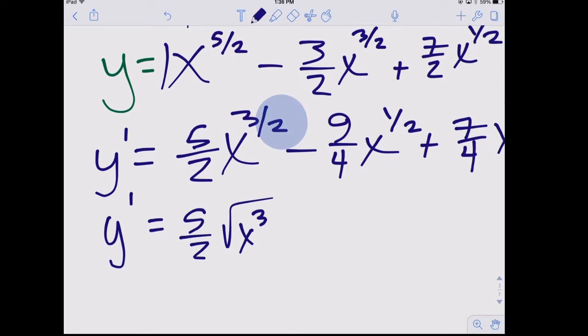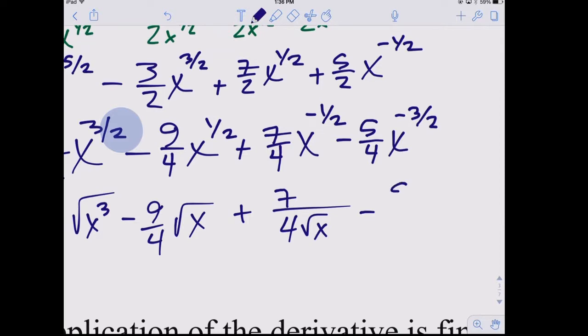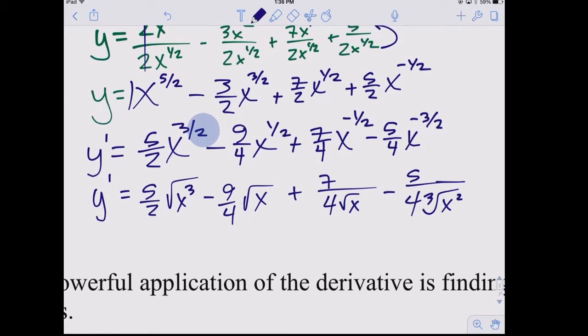Oh, yeah. Minus 9/4. X to the 1 half, that's the square root of x, right? And then, we got a negative one here, so this is fun. I got a 7 in the top, I got a 4 in the bottom. Guess who's going down to join the 4? Square root of x. Excellent. And then I got a minus 5 over 4. Coming down with the 4, you're going to have another cube root of x squared, but now in the denominator. And that right there for this test is what the answer choice would be.